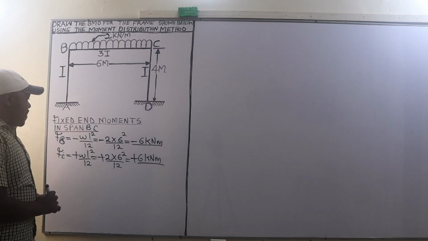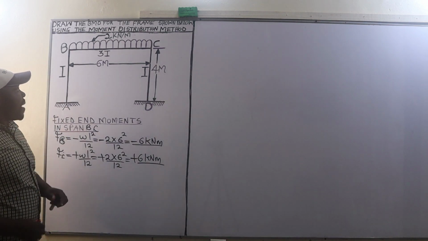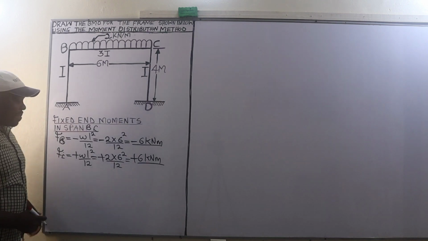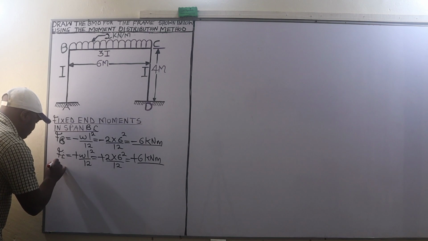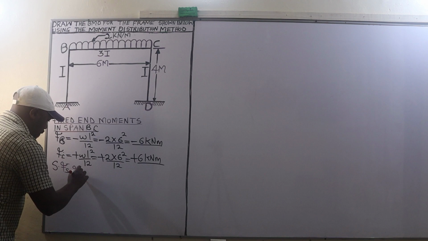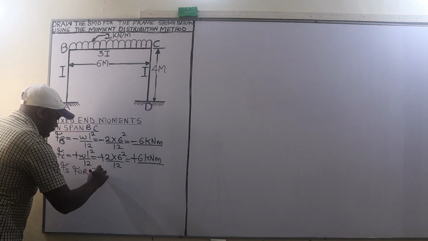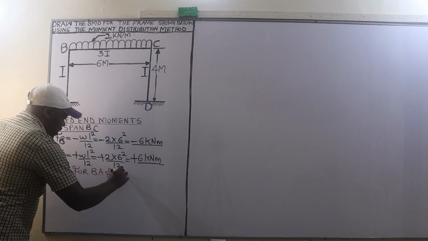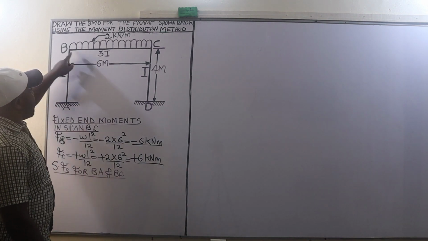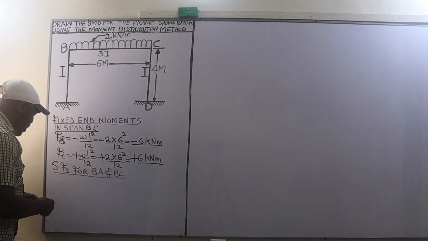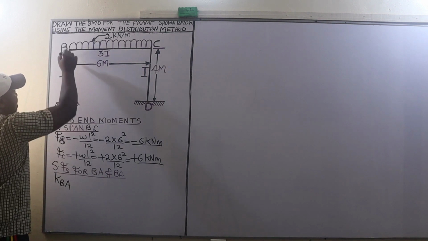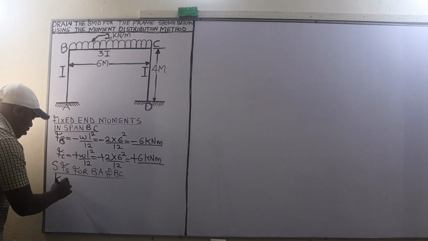Then after determining the fixed end moments for span BC, the next step will be determination of stiffness factors for members BA and BC. We are going to begin with the stiffness factor for member BA, this vertical column.